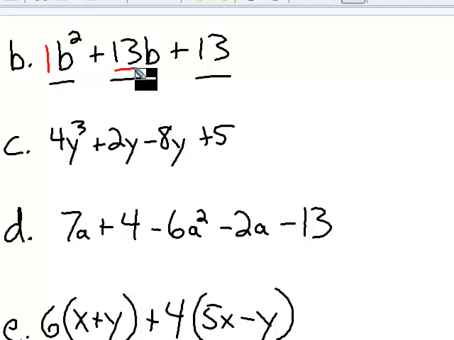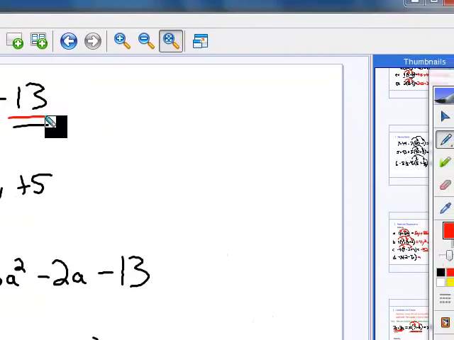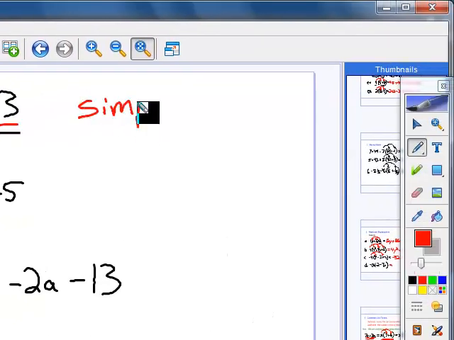That's okay. Those can be different. But what can't be different is this term, the b squared and the b. Those are different too. Well, I can't combine them then. And I can't combine any of them with a constant term either. Therefore, I cannot combine or simplify this expression anymore. So I'm just simply going to write, it's already simplified.